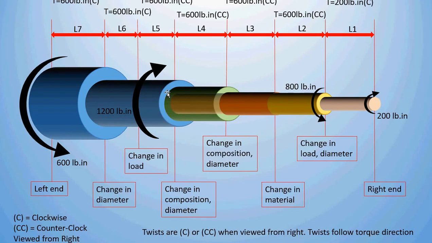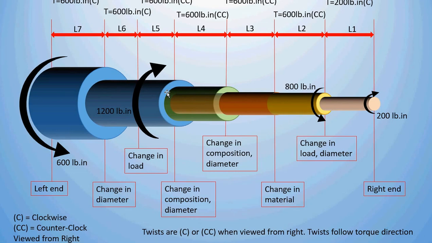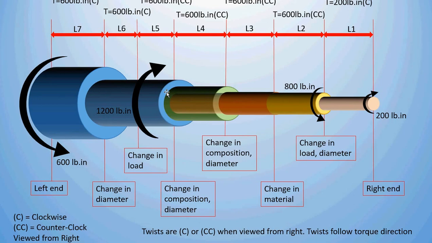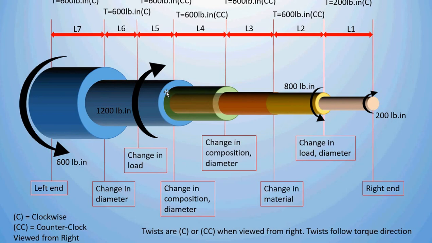One thing to note is that twists, counterclockwise or clockwise, are around the central axis, and they're rotating. When you look at it from a cross-sectional view, that's where it's clockwise, counterclockwise, and so on. The shaft itself is going to want to twist in the same direction of the torque.